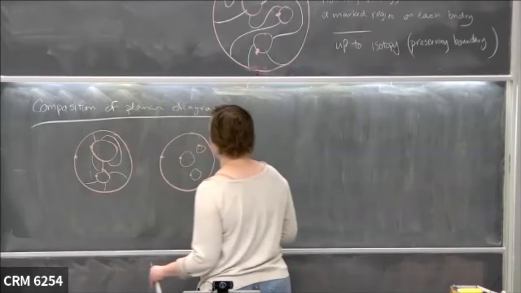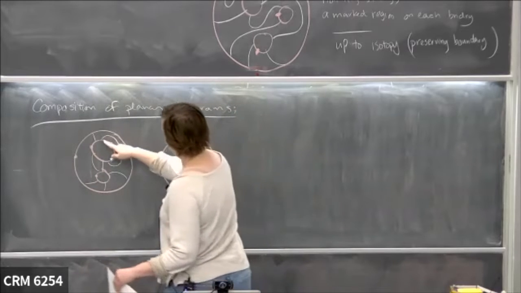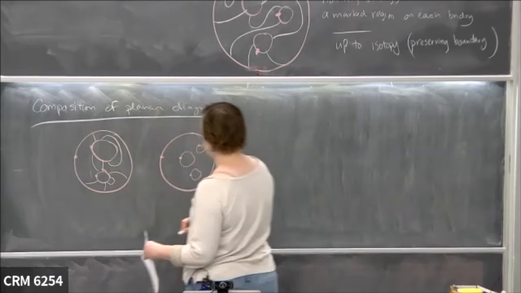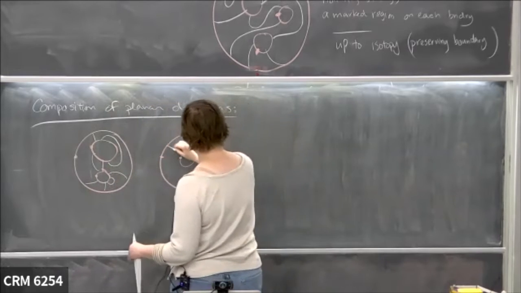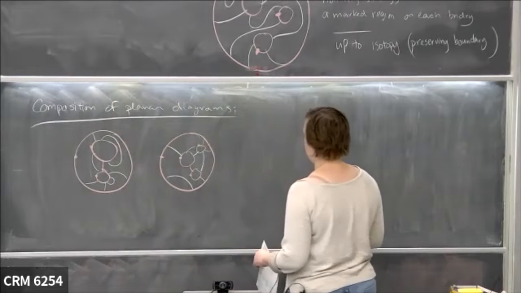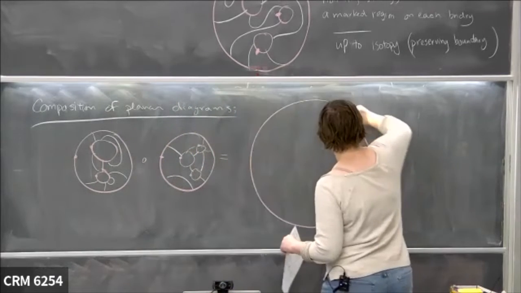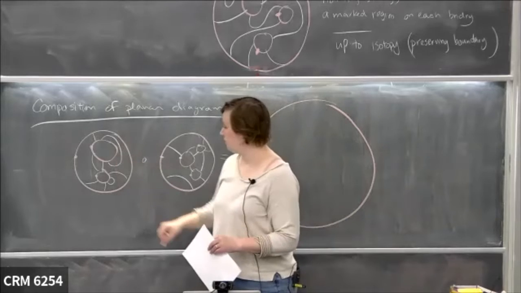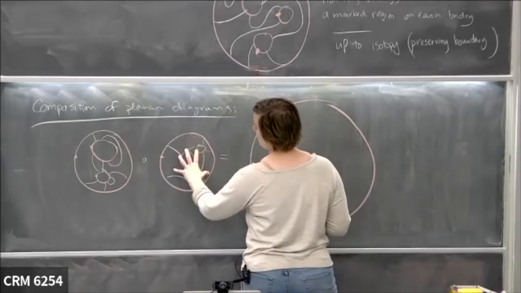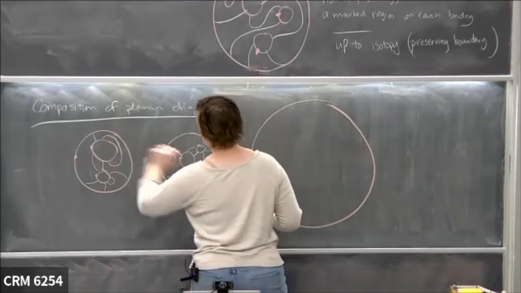So I have 1, 2, 3, 4, 5. Let's draw a picture here that has 5 boundary points. I'm going to redraw this picture bigger so that I can pick this up and put it down inside here.